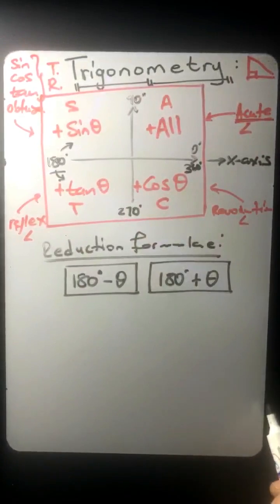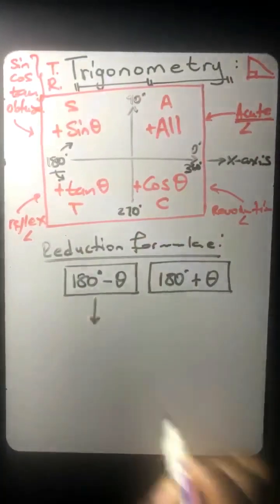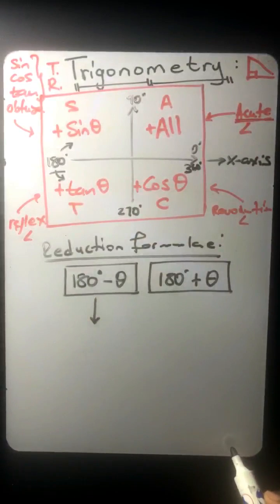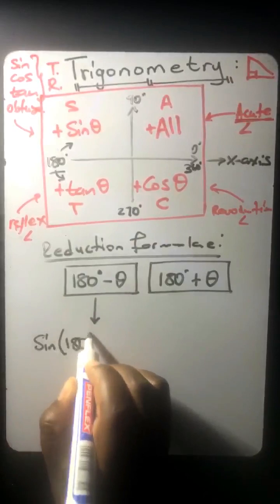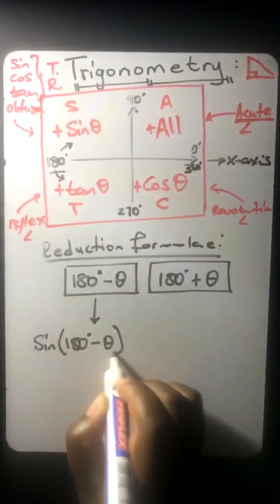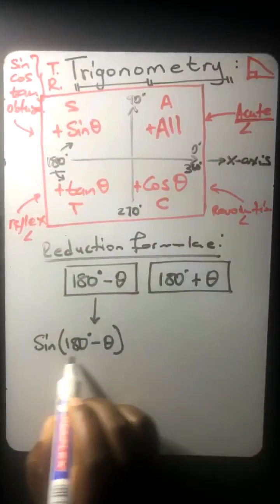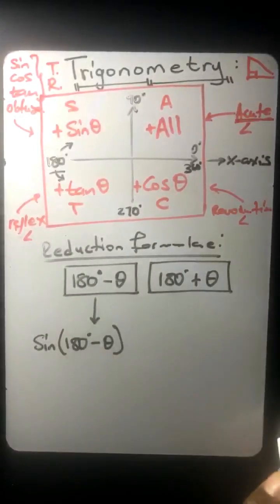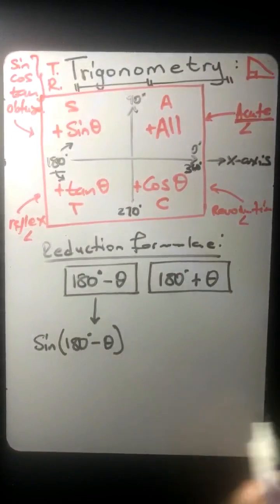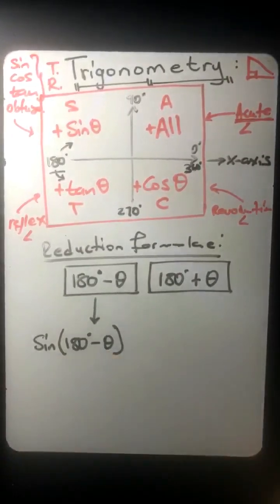Let's maybe try to be practical and test how to work out that type. So let's say, for example, you have sine of 180 degrees minus an angle. You should know in which quadrant this angle falls. Here comes the question: 180 minus, in which quadrant does that angle fall? Quadrant 2, 100%.